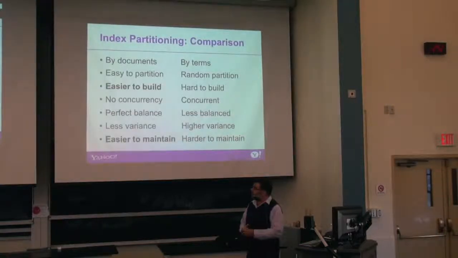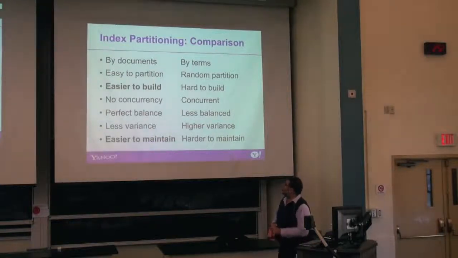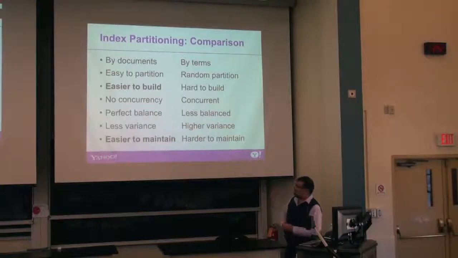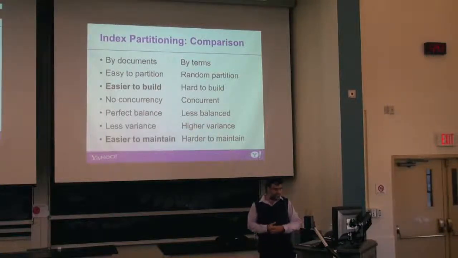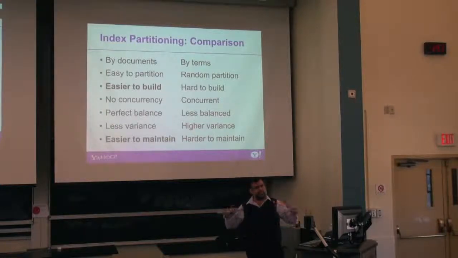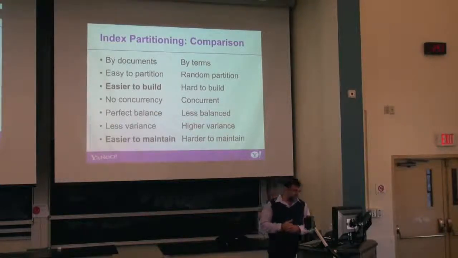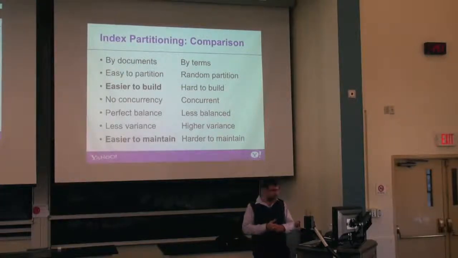So, what is the comparison of these 2 ways of partitioning? Well, neither is difficult to partition. One advantage of term partitioning is that you can have concurrent queries, so you can have real parallelism in query processing, but it's much more complicated to get a good balance, and the worst part is that it's very hard to maintain.